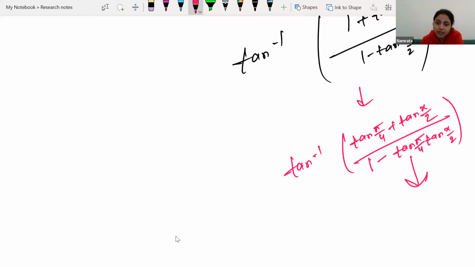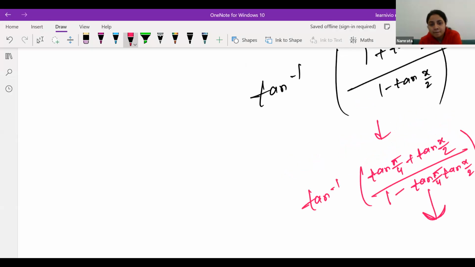What formula can we write from here? Tell me. Tan A plus tan B by 1 minus tan A tan B. This is the formula of tan A plus B. You know that, right?